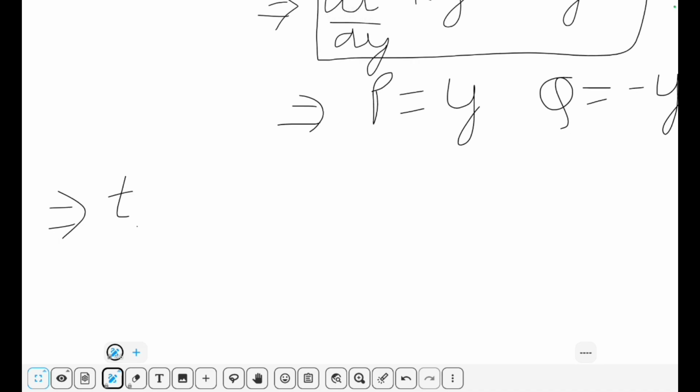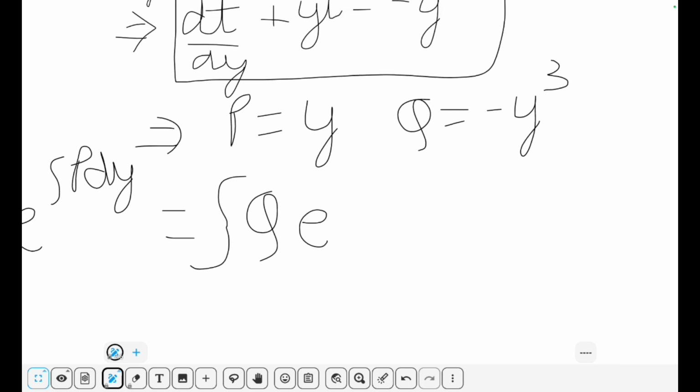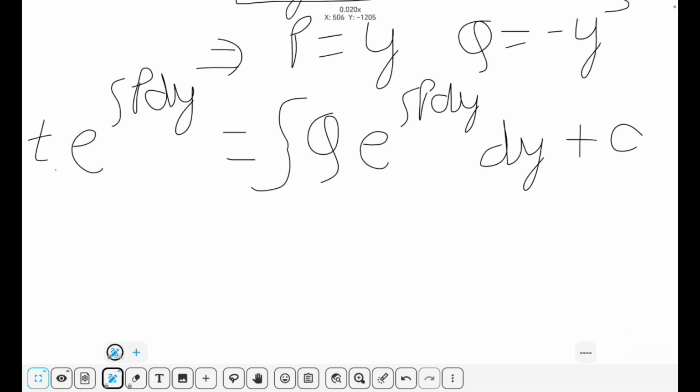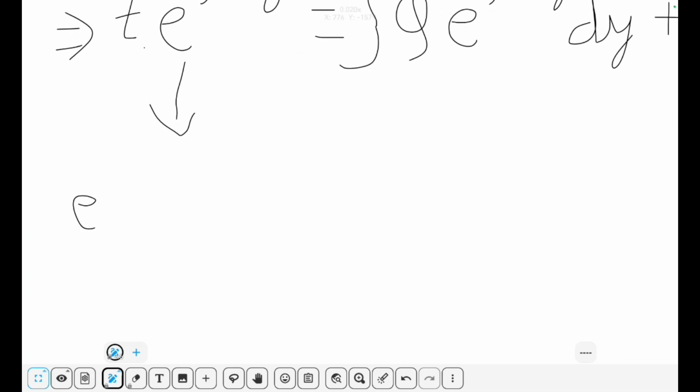my solution would be t into e^(∫P dy) equals ∫Q e^(∫P dy) dy plus c, right? So let us take this part now, e^(∫P dy).